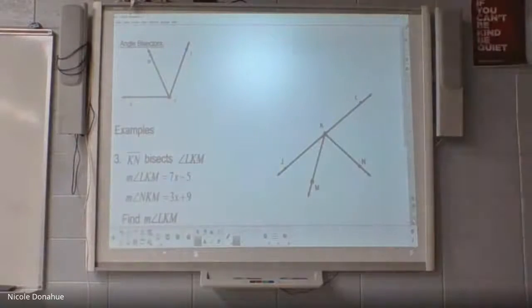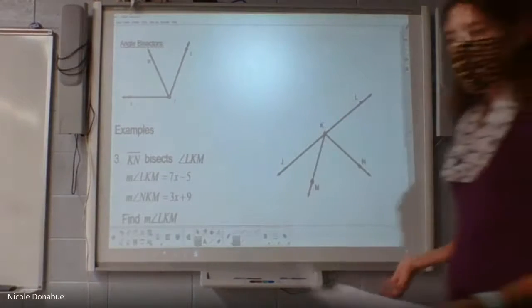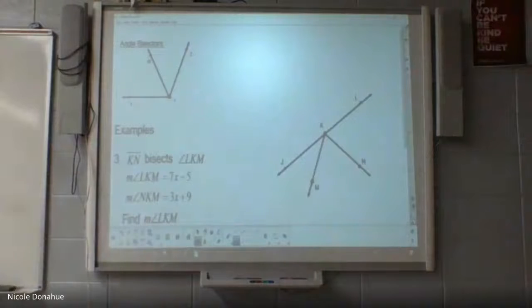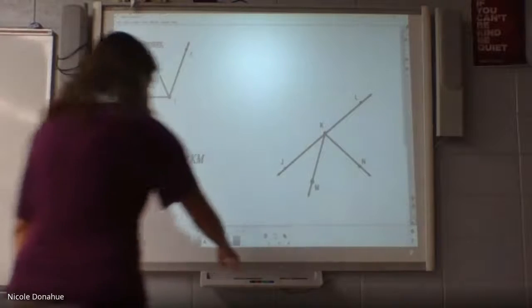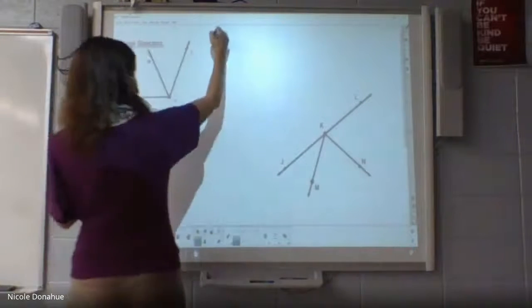Angle bisector. We talked about a segment bisector a few days ago. An angle bisector is just like a segment bisector. It's going to cut that angle into two equal parts. So in this case, YW is an angle bisector.